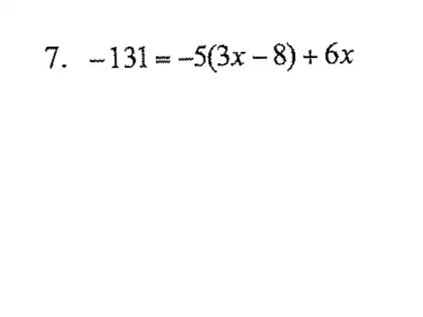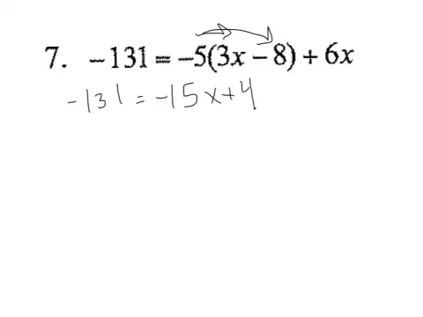So problem 7 is a little different, but it only has one step difference. So we're going to distribute first. And you get negative 15x plus 40 because a negative 5 times a negative 8 would be a positive number, and then you have plus 6x that's still here. So now you combine things that are alike, which would be the negative 15x and the plus 6x.